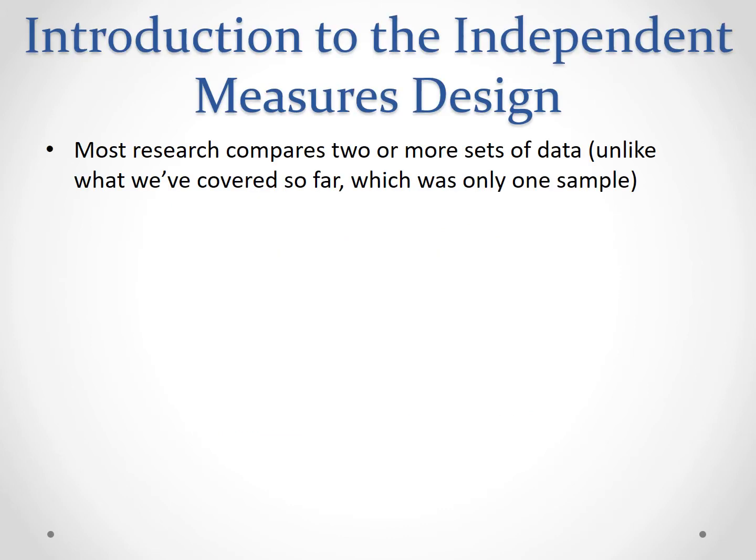Everything that we've covered so far dealt with only one sample, like I mentioned. When we talked about the z-scores and the t-test in Chapter 9, all of that was one sample. Moving forward, we're going to compare 2 or more sets of data, which is what we usually do with some kind of hypothesis test.